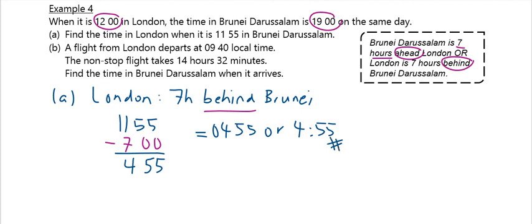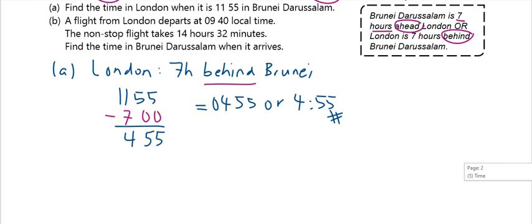Now let's begin with B. A flight from London departs at 0940 local time, so you're starting from London right now. The non-stop flight takes 14 hours 32 minutes. Find the time in Brunei Darussalam when it arrives.